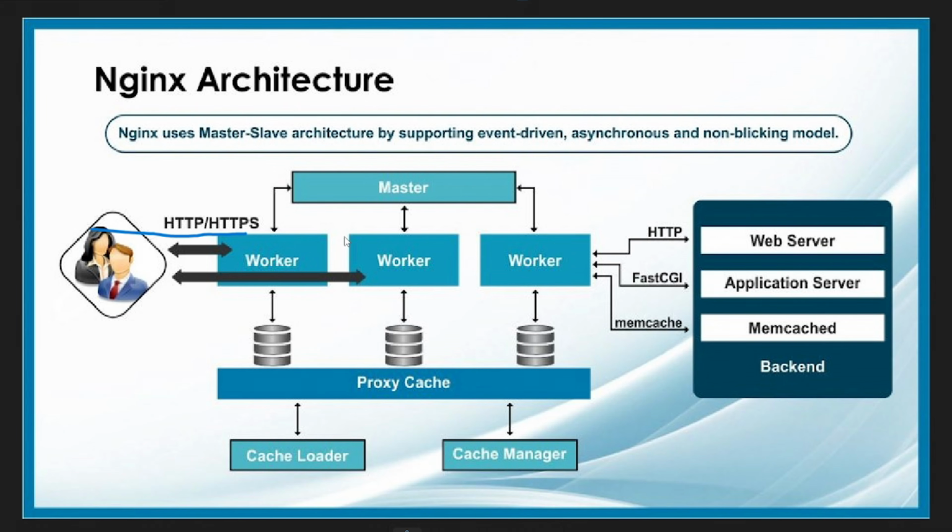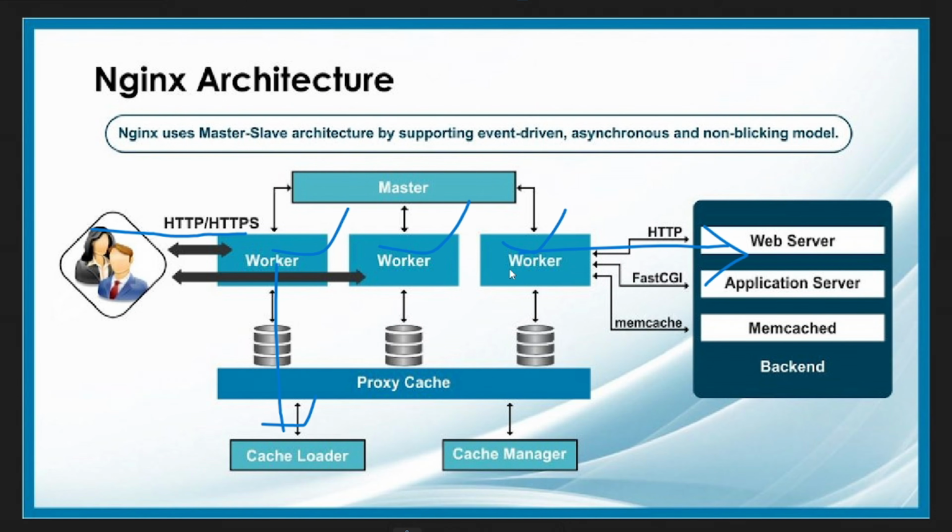What do worker processes do? They receive the request, and their responsibility is to process the request. They see if there is anything to fetch, like a file or resources, from cache or any other web server, and connecting to it is the responsibility of the worker process.